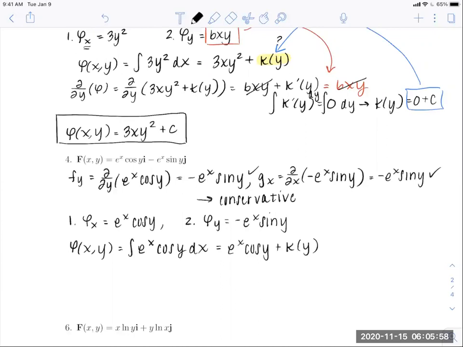So now I want to take the partial of phi with respect to y. And so I'm taking the derivative of e to the x cosine y plus k of y. And so that's going to leave me with a negative e to the x sine of y plus some k prime of y.